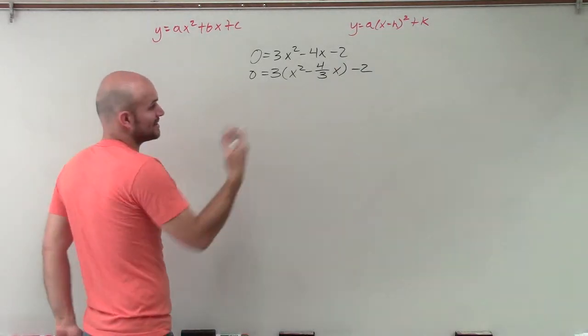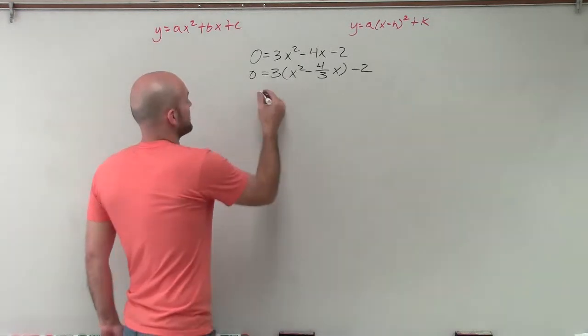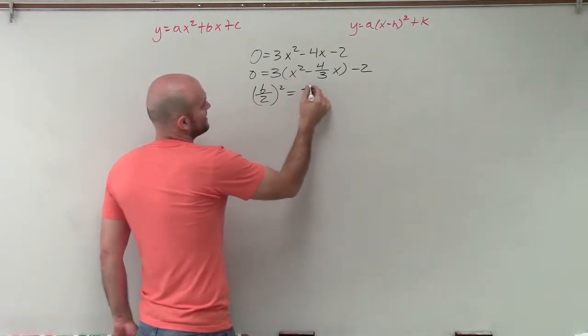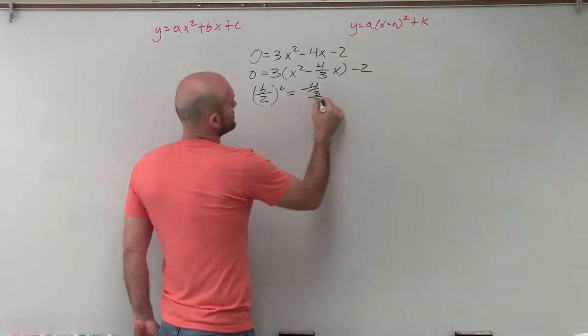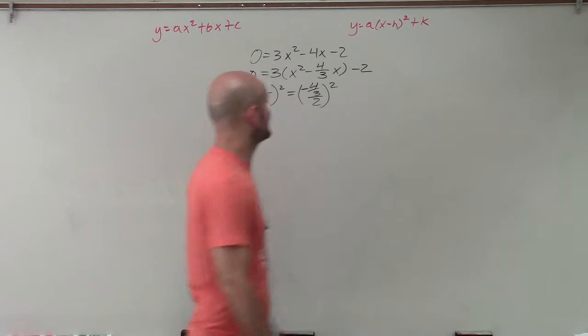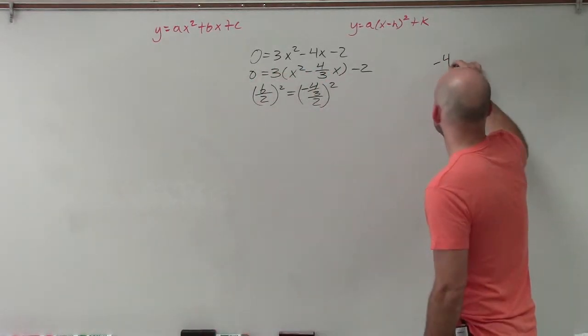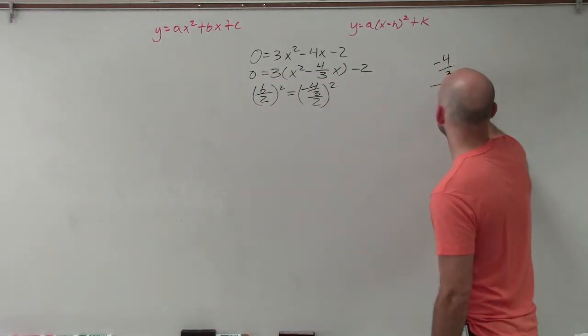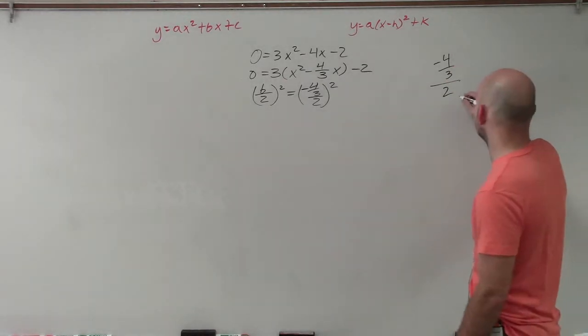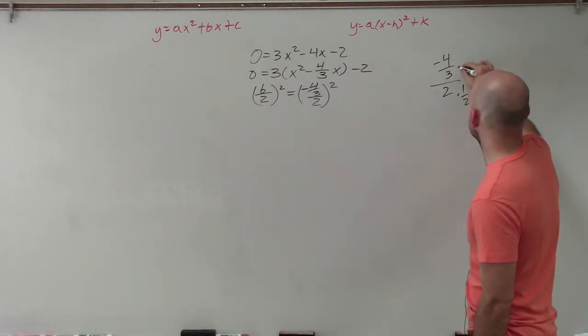So to create that perfect square trinomial, I need to make sure I take my b divided by 2 and square it. So in this case, I have -4 over 3 divided by 2, squared. And you're like, what the heck? So let's go and look at it. -4 divided by 3 divided by 2. Well, to handle this kind of double fraction, I'm just going to multiply by my reciprocal.